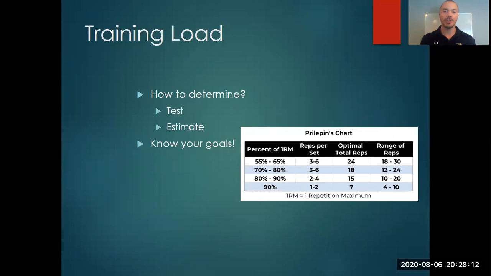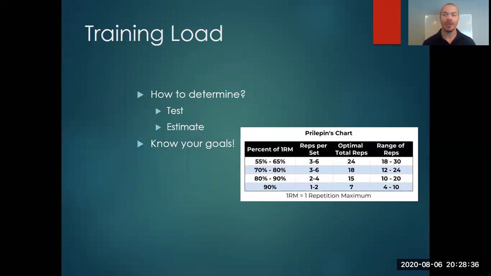And while we're introducing charts, I thought it was a good time to bring in Prilepin's chart once again. So just a reminder, on this Prilepin's chart, the parameters are built off of data that was pulled from weightlifters. So they were doing quite a bit of total body exercises and lower body dominant exercises.